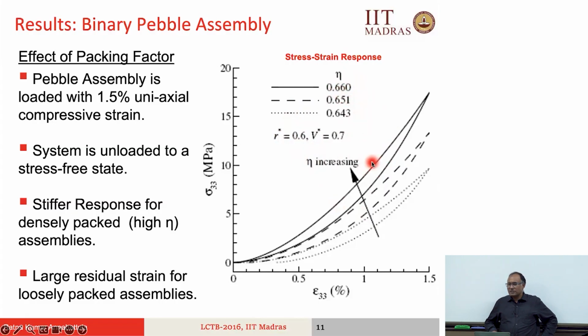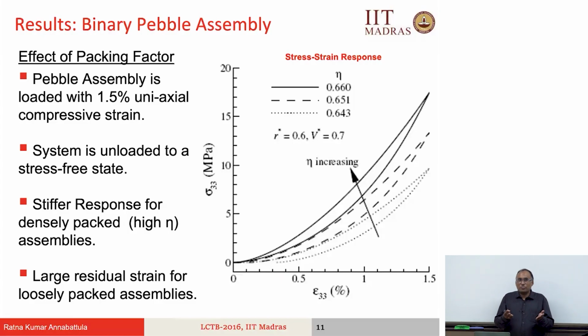So as the packing fraction increases, I would expect a lower slope, which is expected, and the residual strain again is dependent on the packing fraction. If I have higher packing fraction, am I expecting more residual strain or less residual strain? Should the residual strain increase with respect to packing fraction or not?